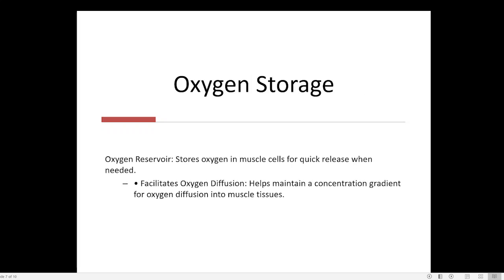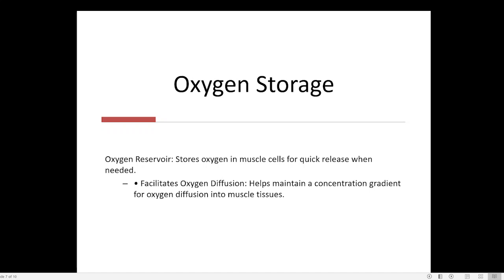Second is that myoglobin acts as an oxygen storage organ, or oxygen reservoir. It stores oxygen in muscle cells for quick release. So both functions are somewhat related. It facilitates oxygen diffusion and helps maintain a concentration gradient for oxygen diffusion in muscle tissue.